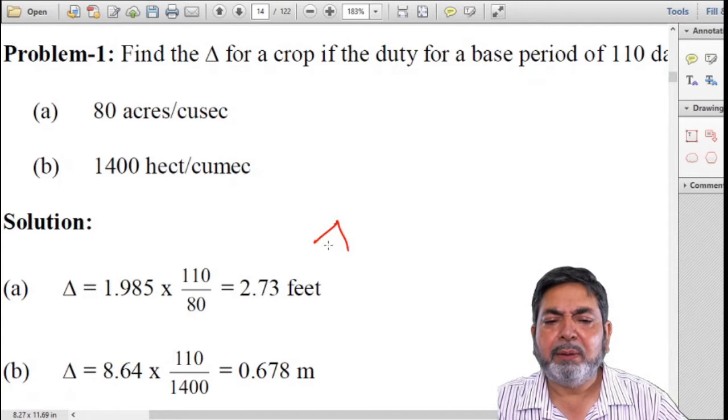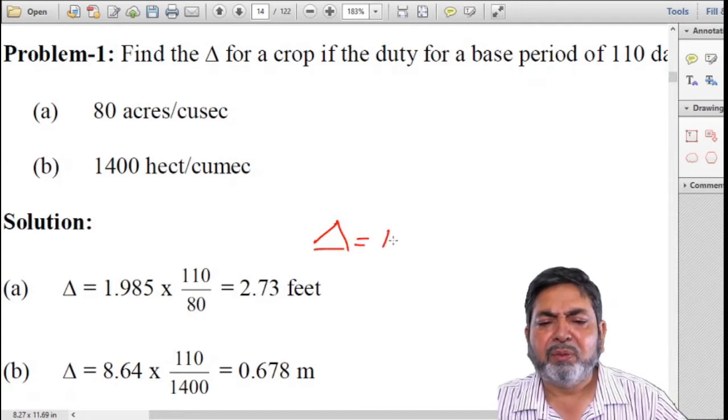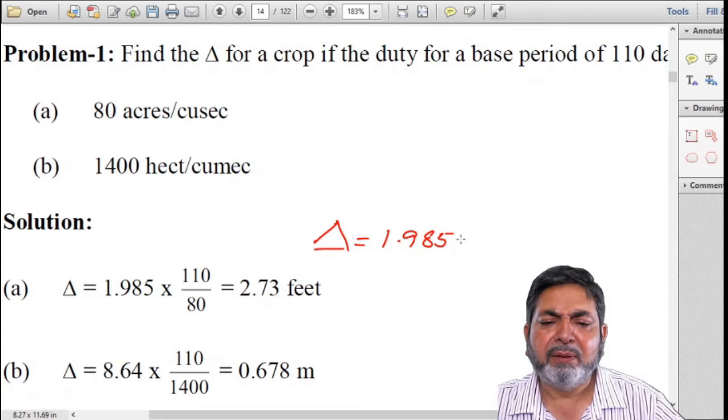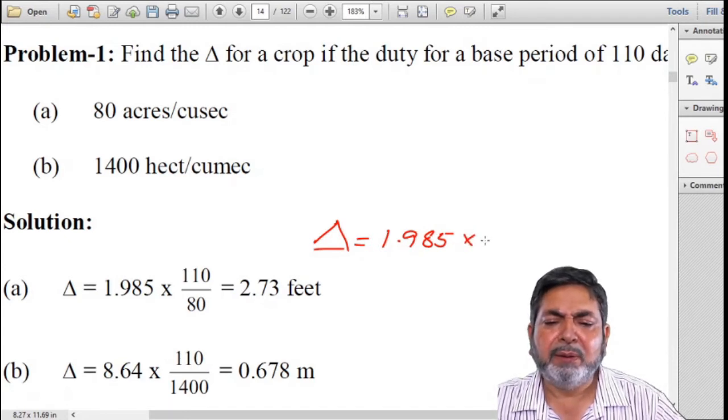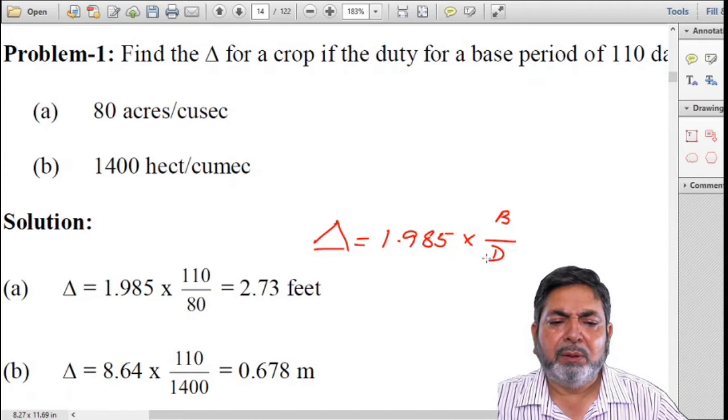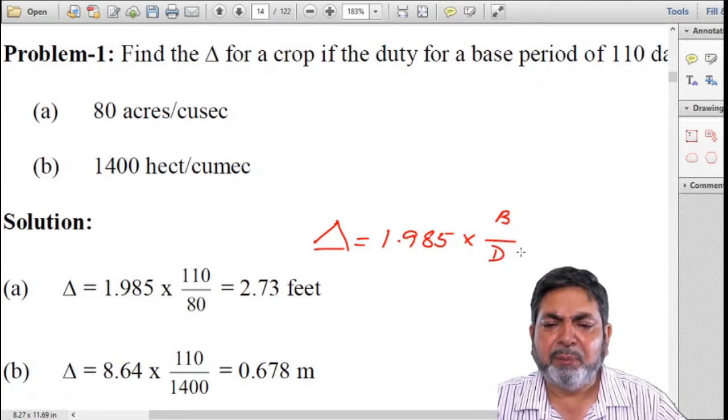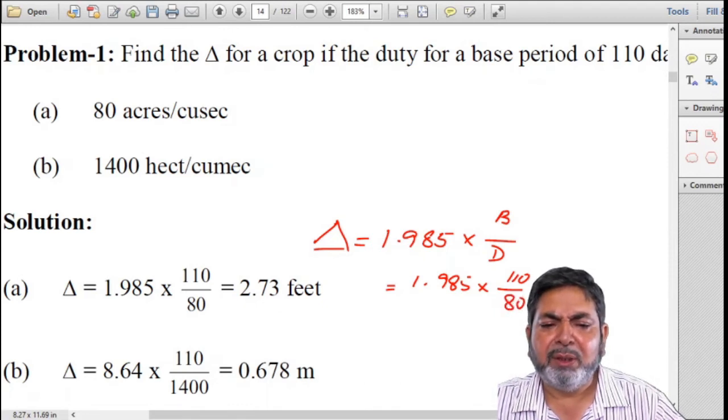You know that delta is equal to 1.985 multiplied by B upon D. So instead of B upon D, you can write the values: 1.985 multiplied by 110 upon duty, which is given as 80. So this will come out to be 2.73 feet.